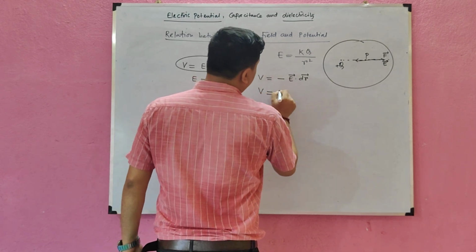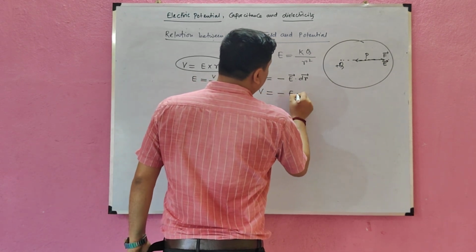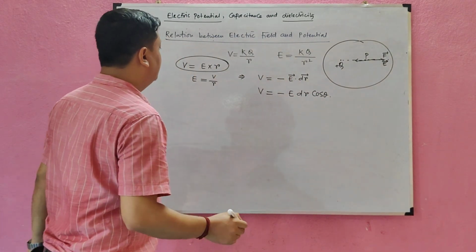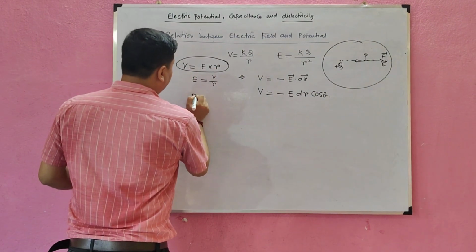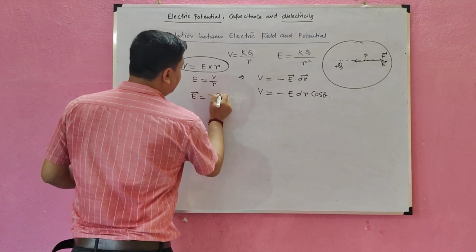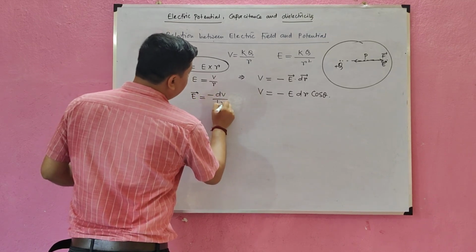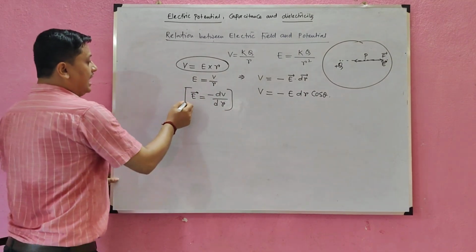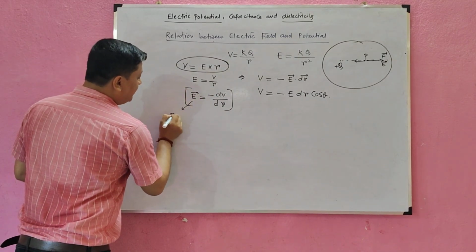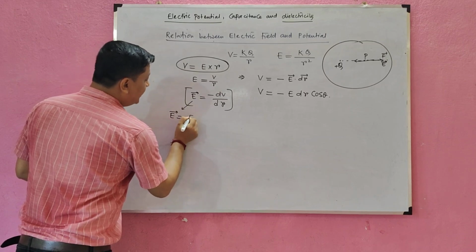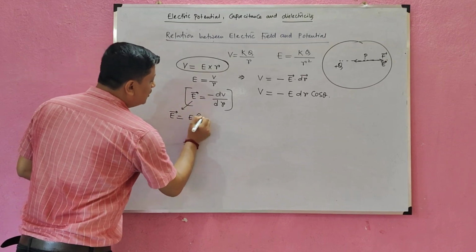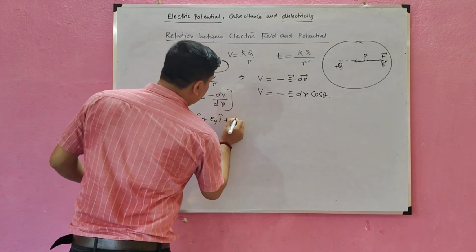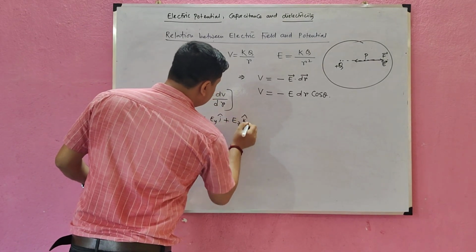So V equals minus E dot dr into cos theta. And E in vector form we can write as minus dV upon dr. As E is an electric field, we can write it in terms of X component, Y component, and Z component.